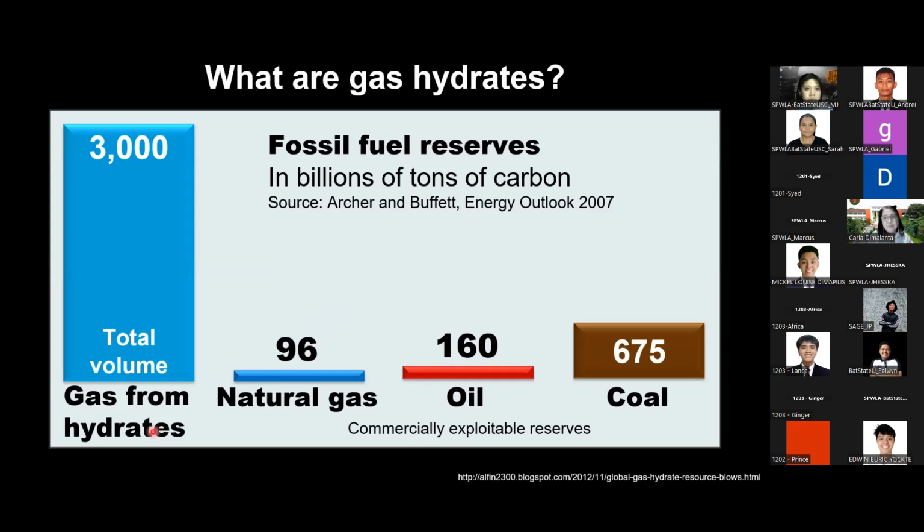So people are very interested in what gas hydrates have to offer. Is this now the solution to mankind's problems when it comes to energy resources? This is something that I would like to introduce to you, and inform you what the status is of the work that has been done on gas hydrate exploration in the Philippines.